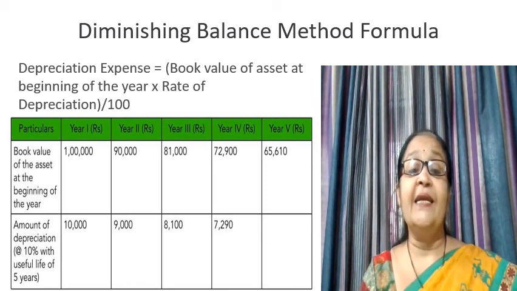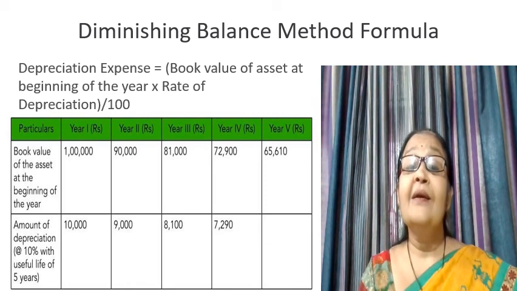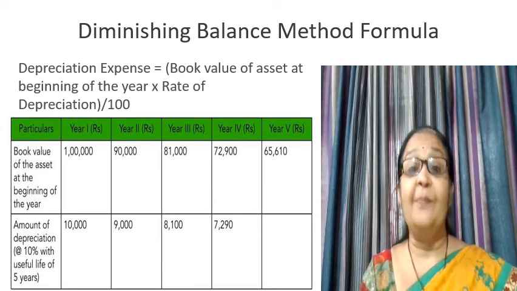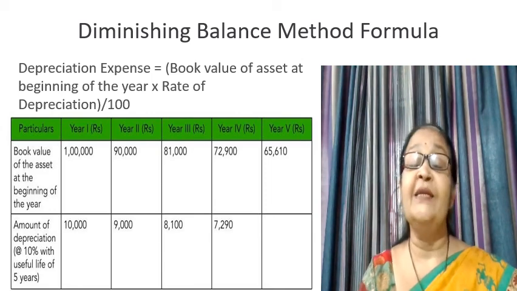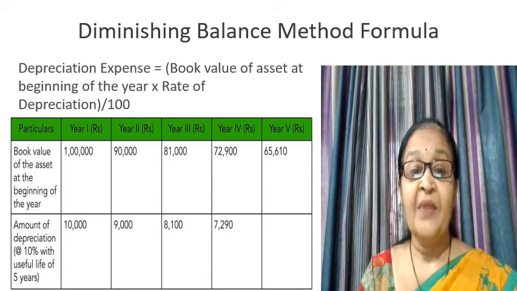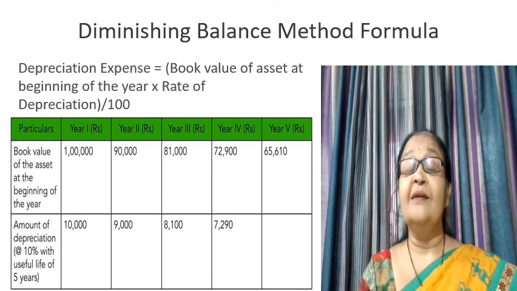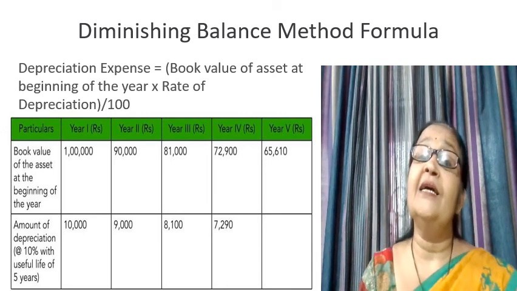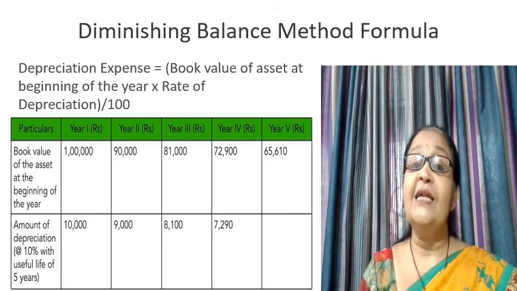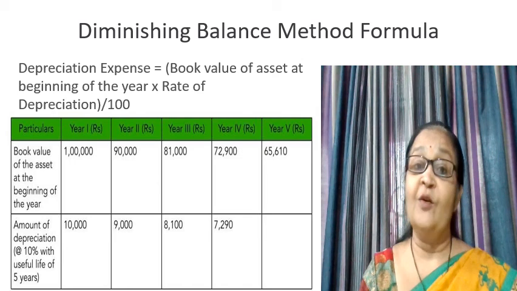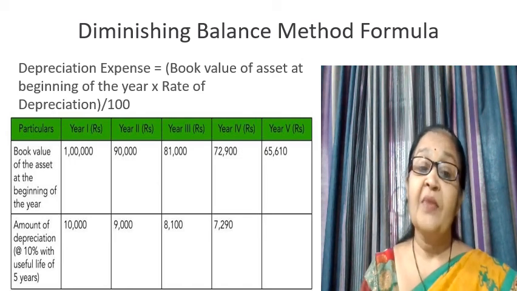At the end of the second year, depreciation value will be rupees 9,000, 10% on 90,000. If we reduce 9,000 from 90,000, at the beginning of the third year, we have 81,000 left over, that is the book value.